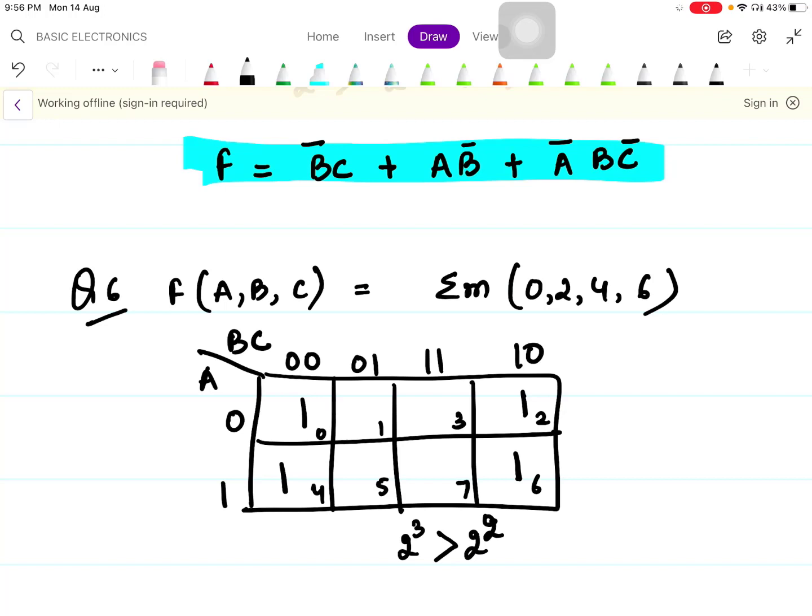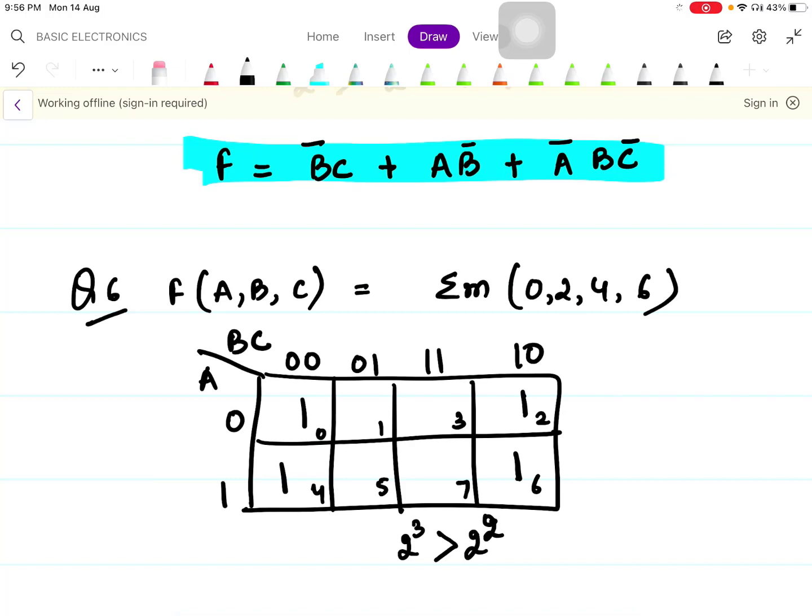So whenever you get ones in the corners, always remember to look for the corresponding cells in the opposite corner. That means if we are getting a group of 2 in the cell number 0 and 4, then it's our responsibility to look at the corresponding cells on the opposite corners as well.